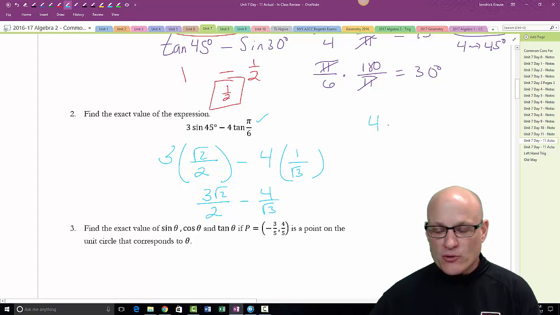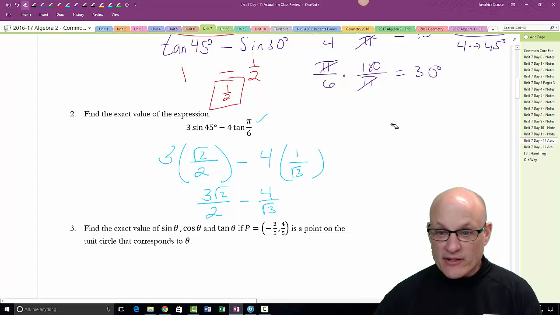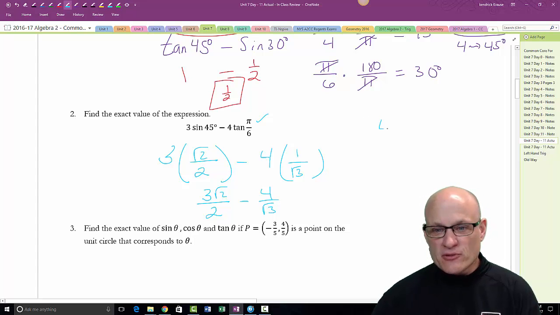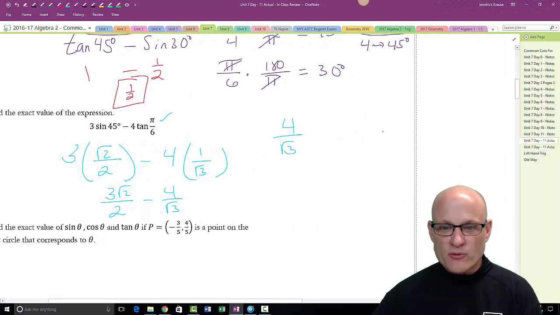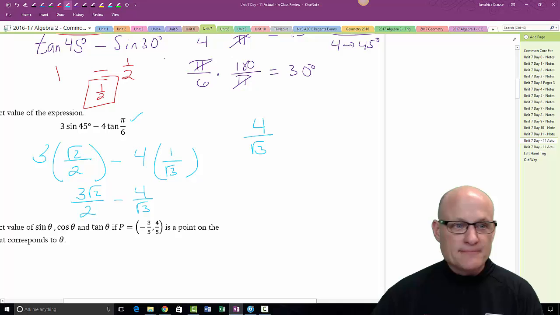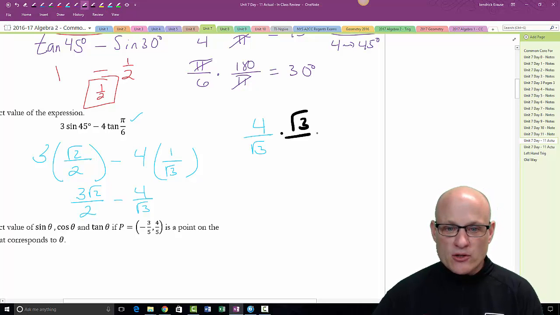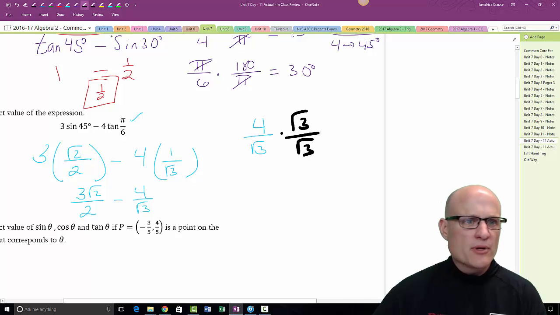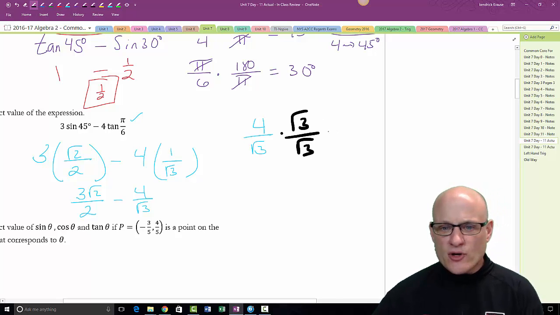So this is really 4 over the square root of 3. To rationalize this, what we have to do is multiply by the square root of 3 over 3. So that equals 4 square roots of 3 over 3.